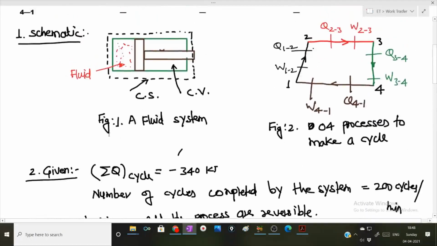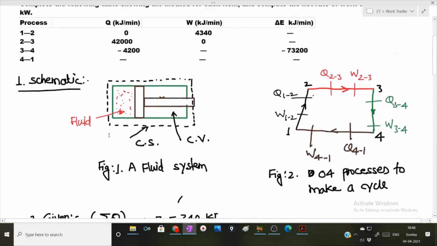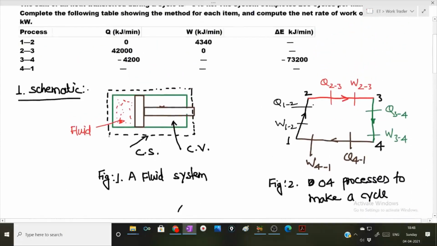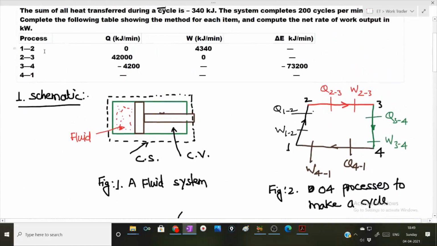Now let us once again refer to the problem statement and the schematic. In the table, for each individual process, some quantities are given and some are unknown. For example, for process 1 to 2, Q and W values are given, so we are supposed to calculate delta E. Similarly, for process 2 to 3, Q and W values are given and delta E is unknown.